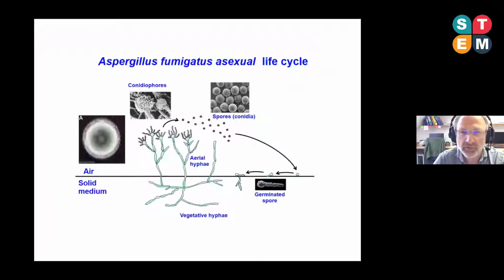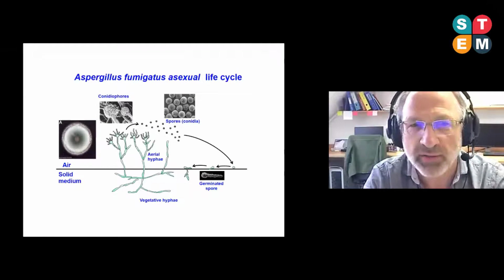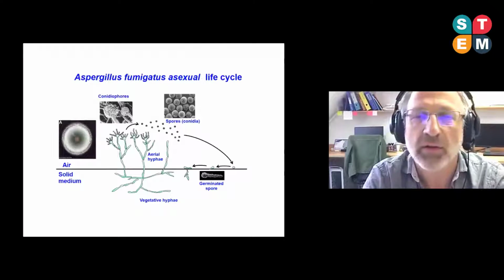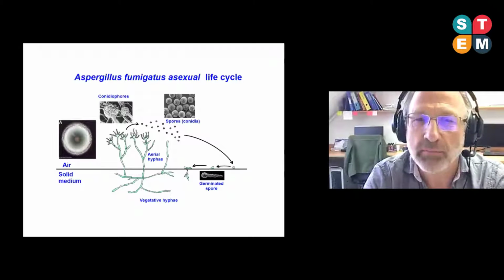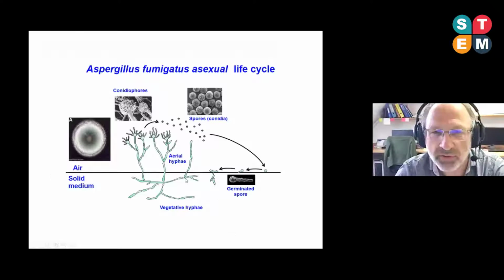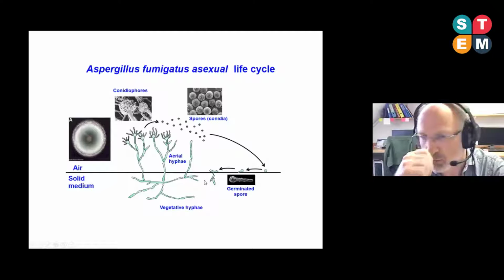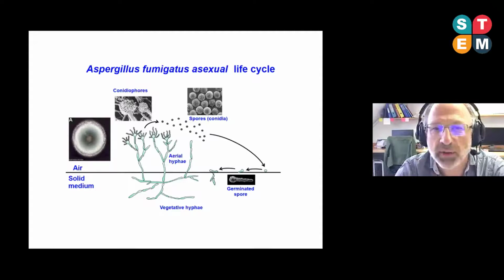As you may know, Aspergillus fumigatus is a filamentous, saprophytic fungus. It's found mainly in the soil, where it produces hyphae and mycelium, and it plays an essential role in the recycling of organic material.